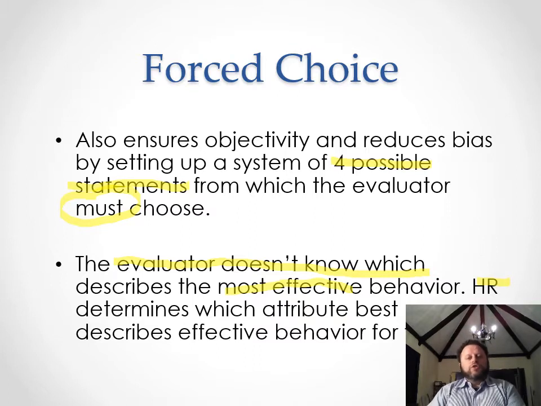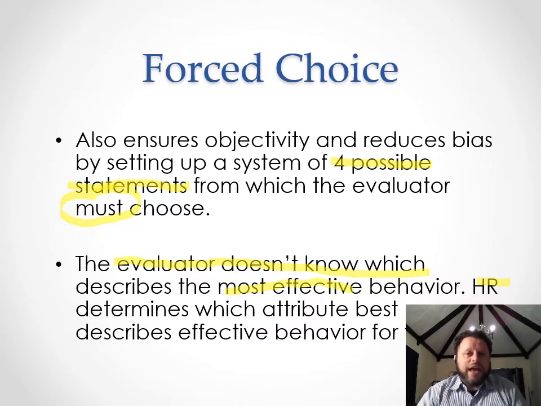Because maybe HR is really testing about coming on time, or about making the class fun, or about getting good grades. So Yiling wouldn't really know which one, so she can't have a bias towards people that she wants to give a high rating to, because she doesn't even know which one is the high rating. So again, this is very, very useful.